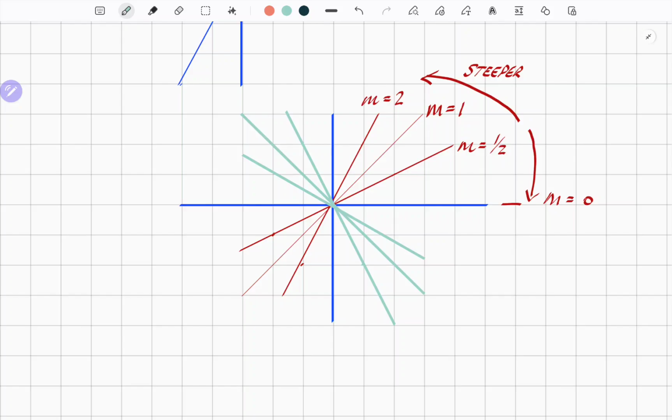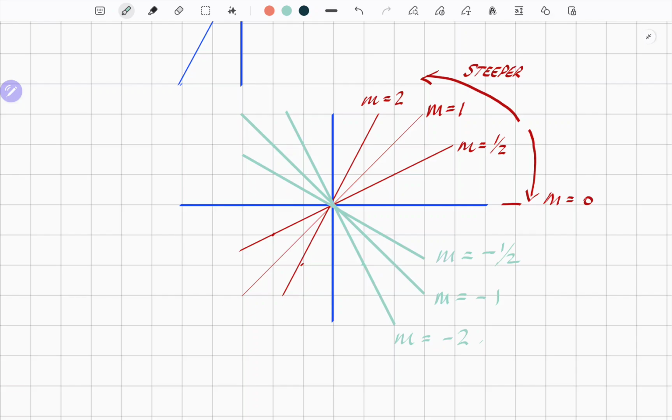What I'm trying to demonstrate is that this line, the shallow one, is m equals minus half. This one is m equals minus 1. The reason these are negative is because as you go from left to right, the lines are going down.